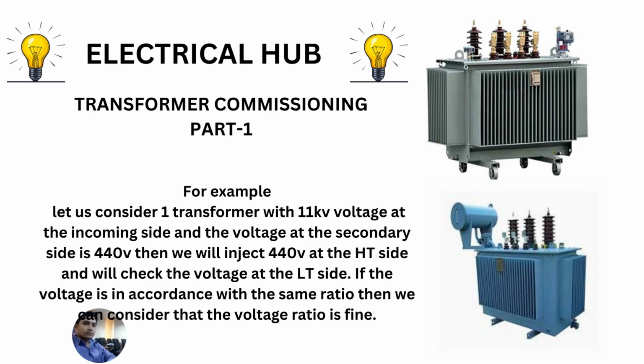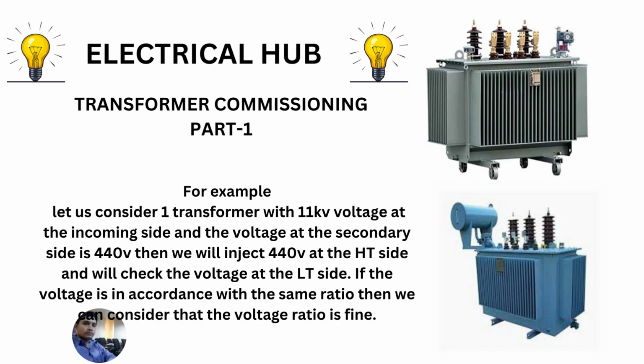Let us consider a transformer with 11 kV voltage at the incoming side and the voltage at the secondary side is 440. Now you insert a 440 volt three phase supply at the HT side. You will receive a certain voltage at the LT side.